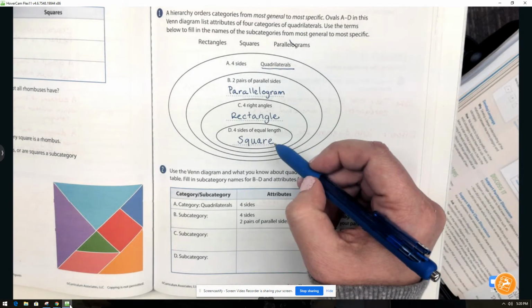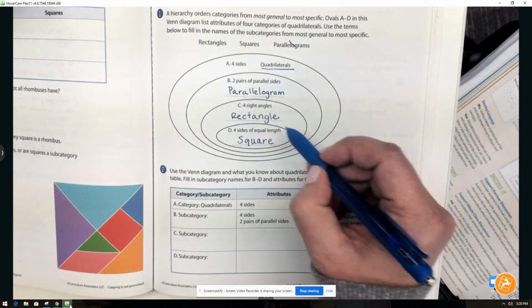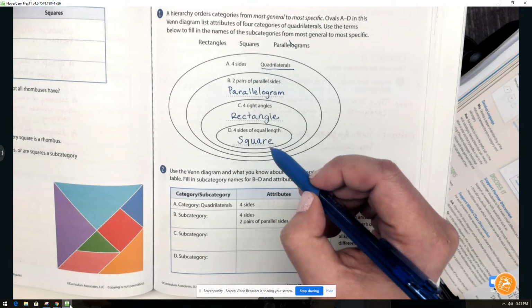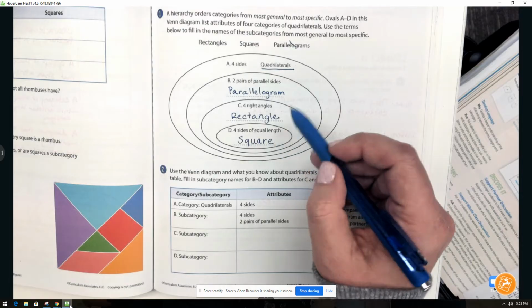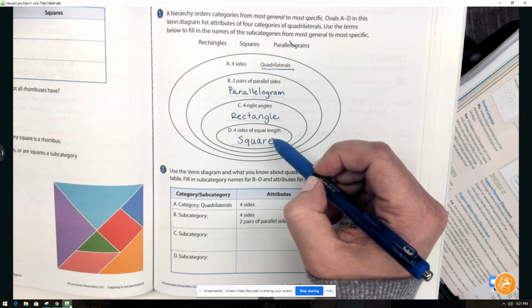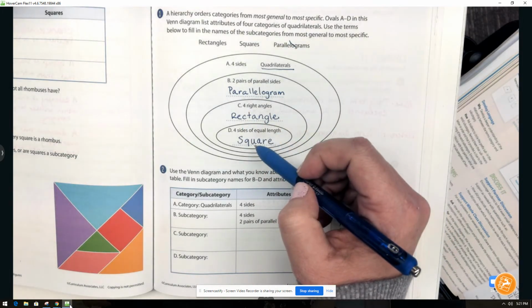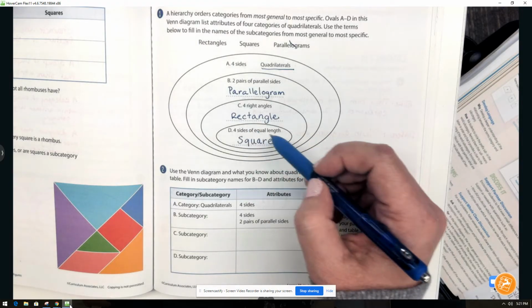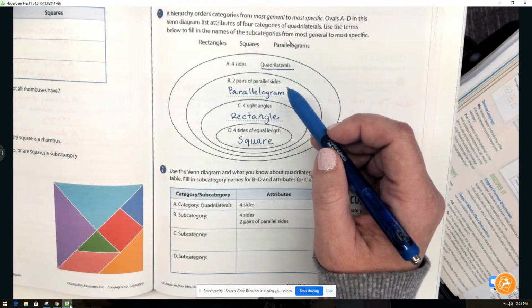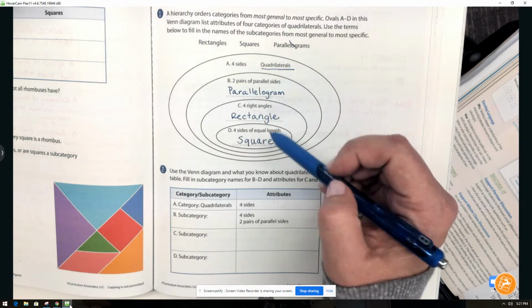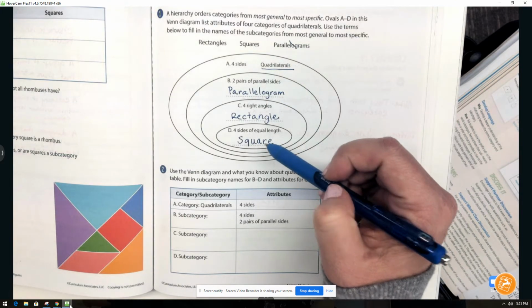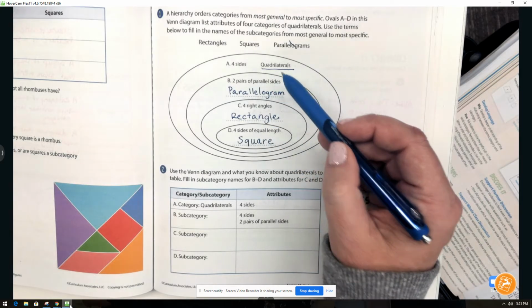So that's kind of how it works. The smallest circle can only be classified as the smallest circle. None of these other shapes can be called a square, but you can call a square all of these other shapes. So I said that backwards the first time. Sorry about that. So again, a quadrilateral is sometimes a square, but not always. A square is always a quadrilateral.